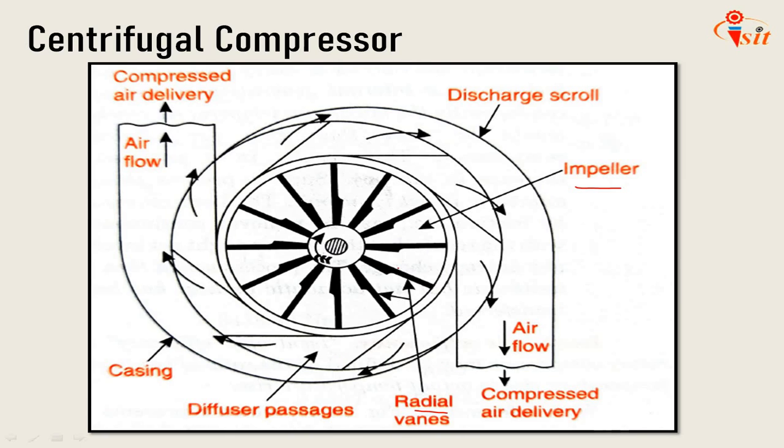Air enters the eye of the impeller at the mean radius Rm with a low velocity C1 and atmospheric pressure P1. We designate the values of these parameters, that is Rm, C1, P1, for the further calculation for proper understanding.